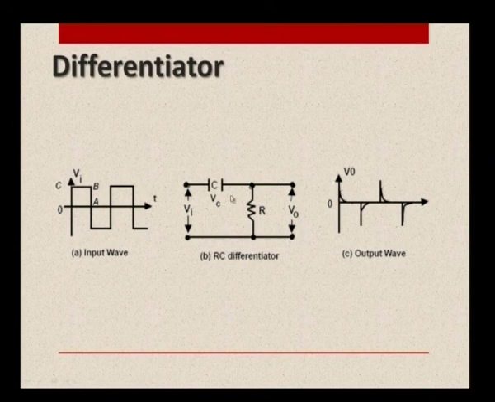It immediately discharges, and similarly this happens in the reverse direction. Once again, when the next pulse, the next stable state comes, the discharge happens again. So, a differentiator is identified by this test. When we give a square wave as the input, the output would be spikes.